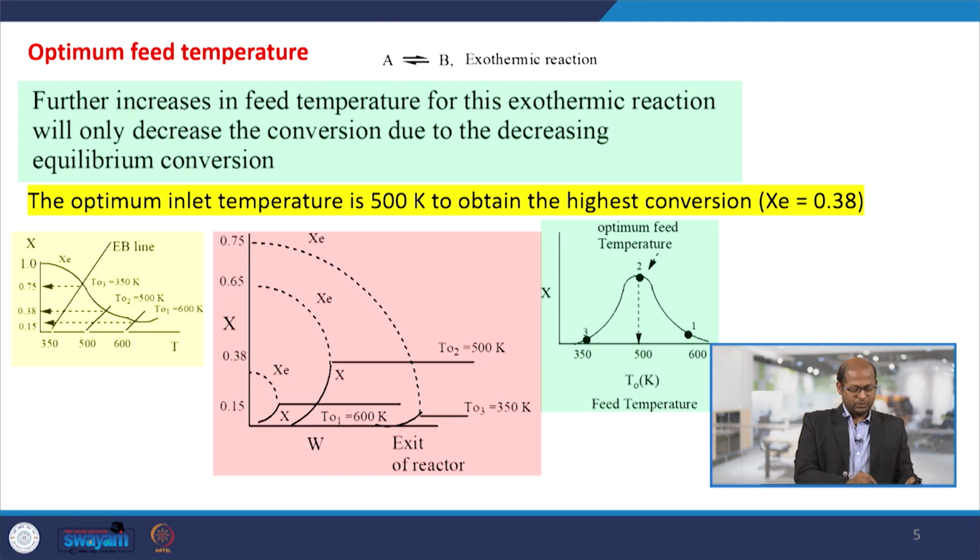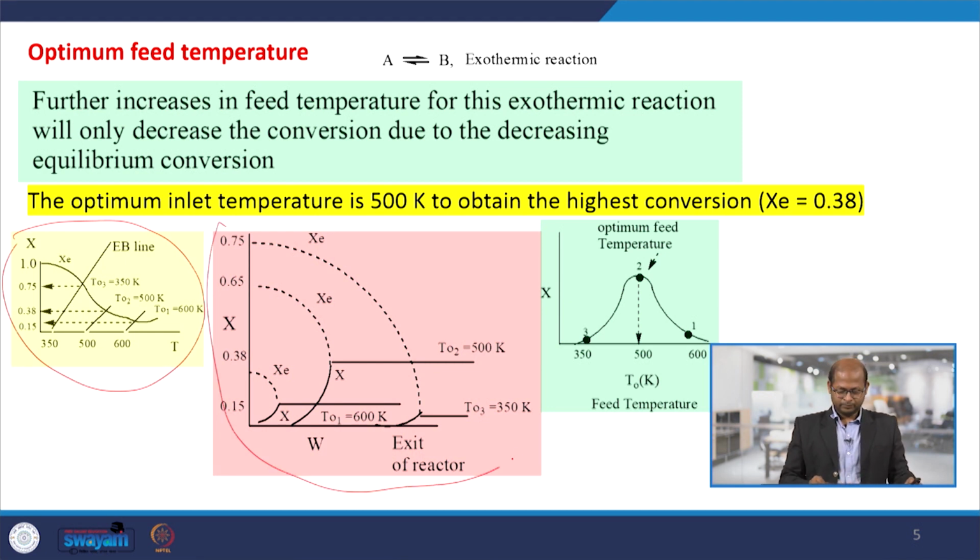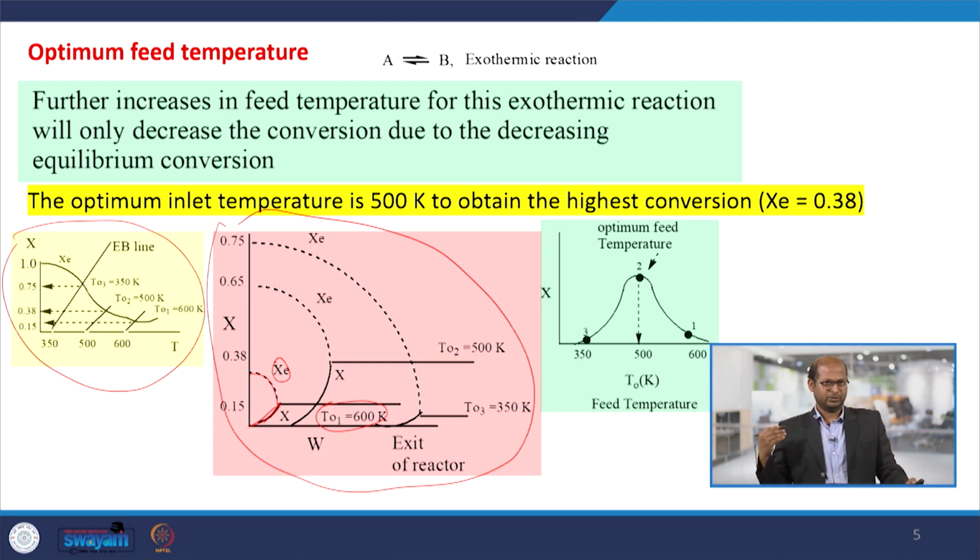Okay, these lines we have already discussed. Here you can see that when the feed temperature was 600 Kelvin, the reaction suddenly reaches equilibrium. This is the equilibrium conversion, X. Since we started with a very high feed temperature, the reactants readily converted into products, since the reaction rate constant is very high.